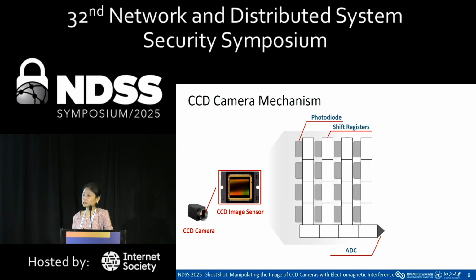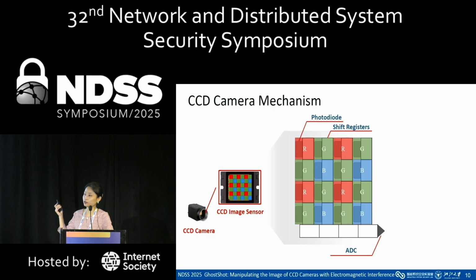First, let's examine the workflow of the CCD camera by looking at its sensor. This sensor is composed of photodiodes, shift registers, and an ADC component. Usually we have a color filter on the photodiodes, so each diode only receives a certain color in RGB.